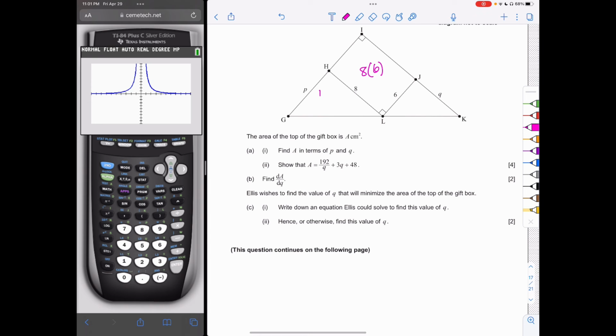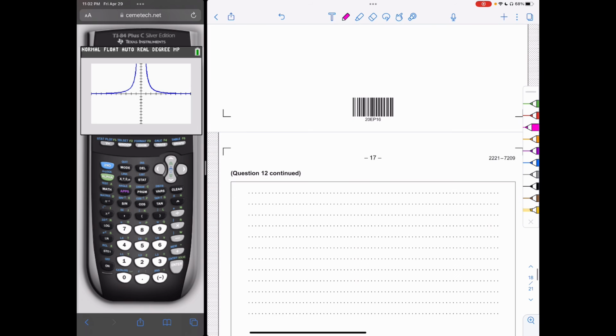So I'm going to have 1/2 P times 8 here, and the one on the right is going to be 1/2 times Q times 6. So to find my area in terms of P and Q, all I have to do is add all of those areas together.